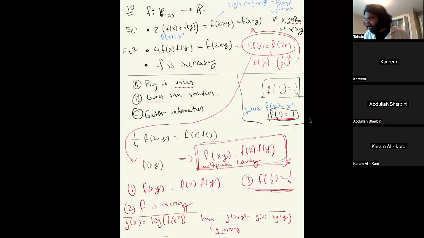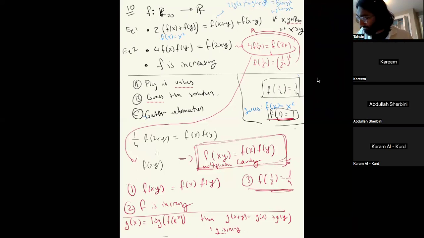So the only thing we have to do is argue that this is a valid thing to do. That means we have to show that f of x is always positive. Any idea to show that f is always positive? Put y equals x in the second equation.